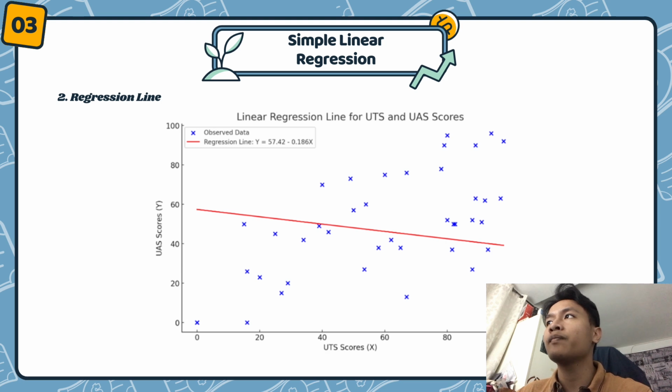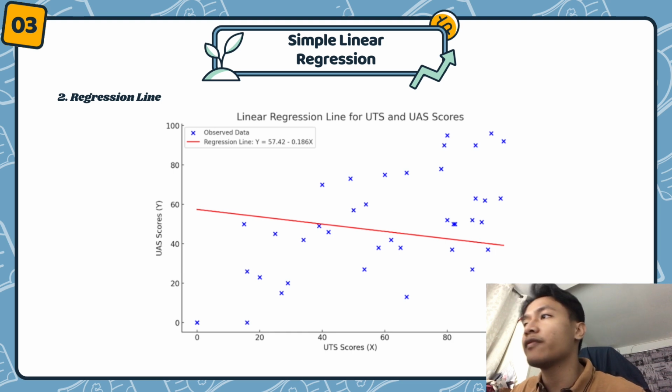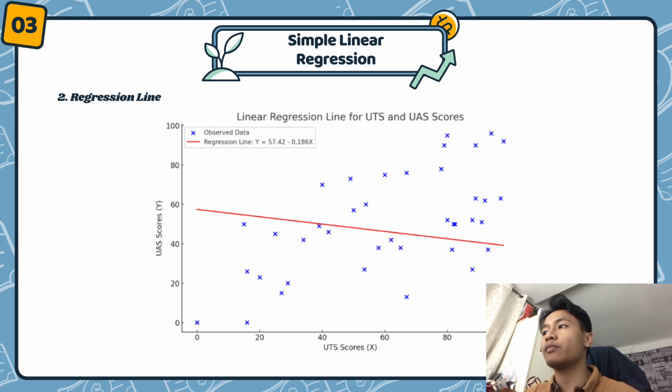The red line is the regression line, the best fit line generated by the linear regression model, and the equation is y = 57.42 - 0.186x.